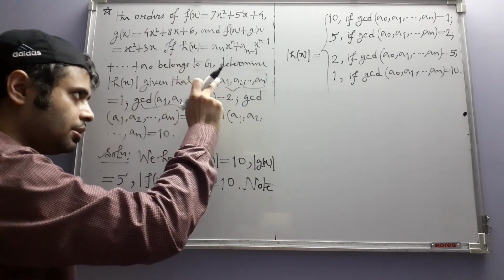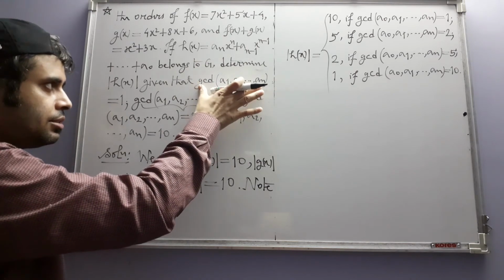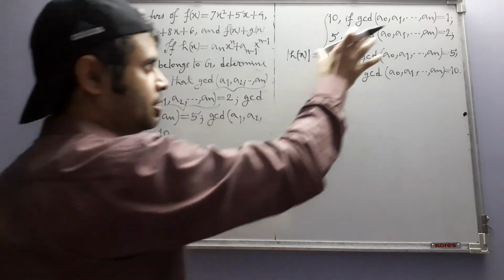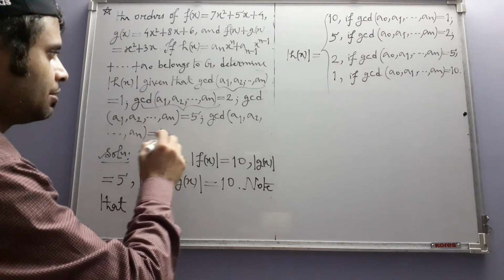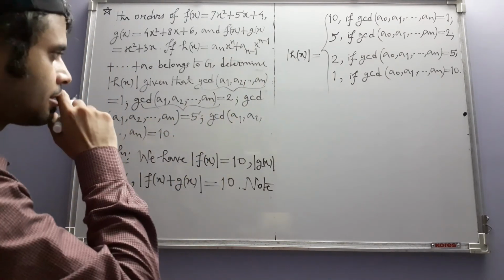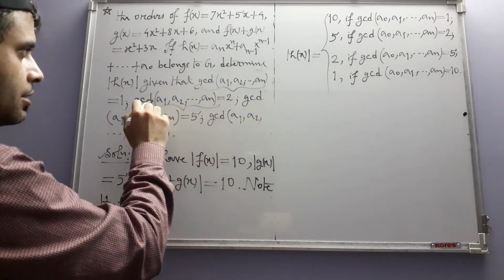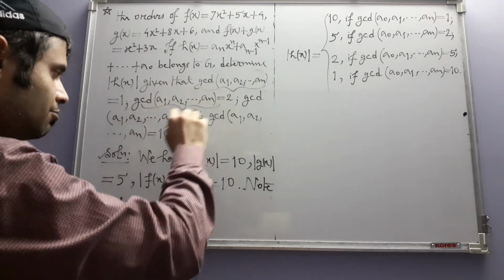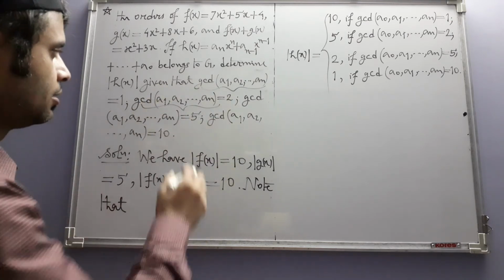So in this particular case, you can in fact consider this GCD being 1 and this GCD being 1 to be equivalent. However, in the other cases we cannot say so. This is equal to 2, that means 2 divides all the coefficients starting from a1 ending at an.